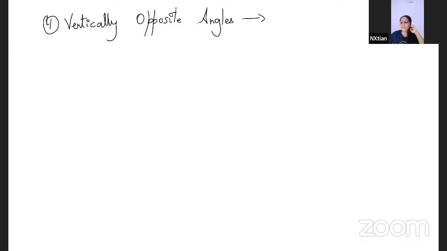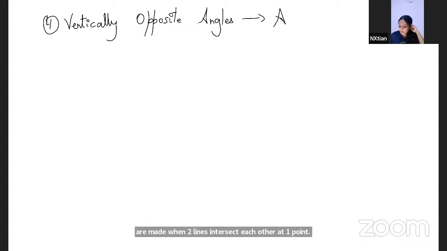These are the angles that are opposite to each other. They are made when two lines intersect each other at one point. So I'm writing it, and we will see how they are made.